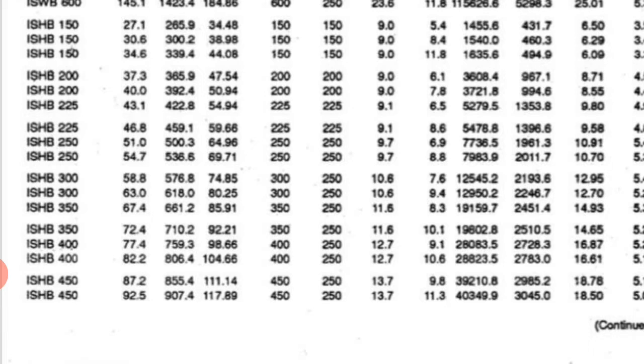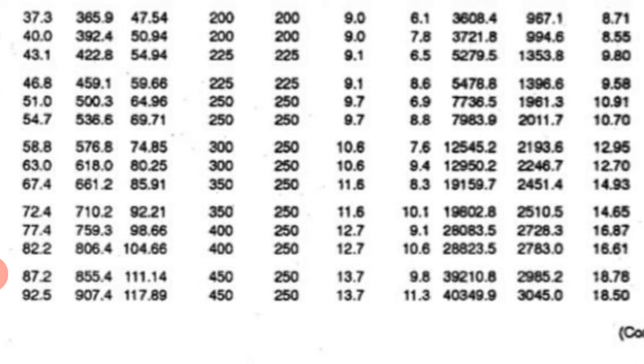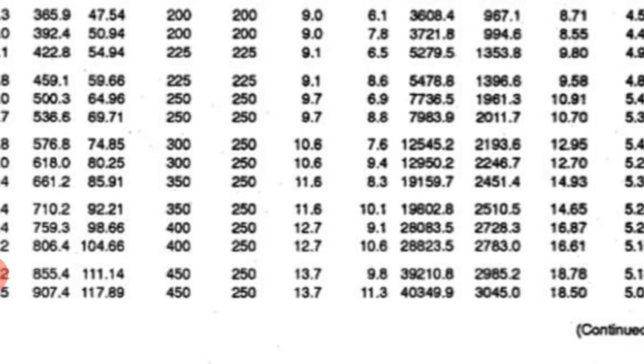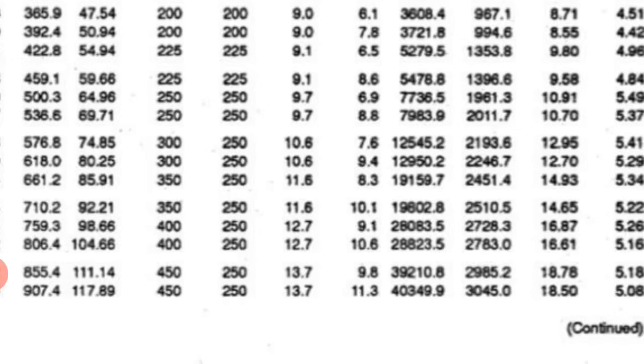So second line from the bottom, third line, ISHB 400. Depth of section is 400, so H is equal to 400. Then second is 250, BF is equal to 250.